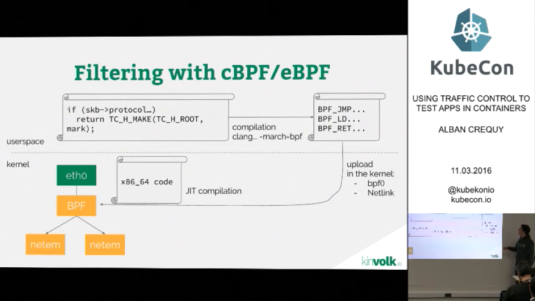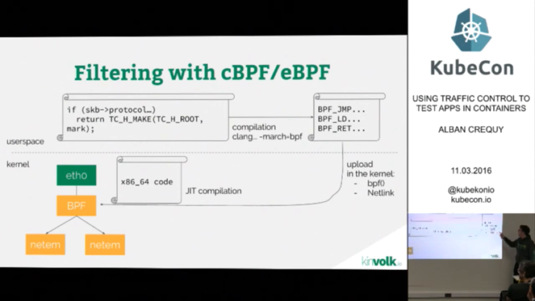It's not a real architecture, and then that code can be uploaded to the kernel to configure the traffic control on the network interface. And then the kernel will execute that code for every packet sent by that network interface. So in this case, we can basically write any algorithm we want. We are not restricted by the previous way of classifying packets.